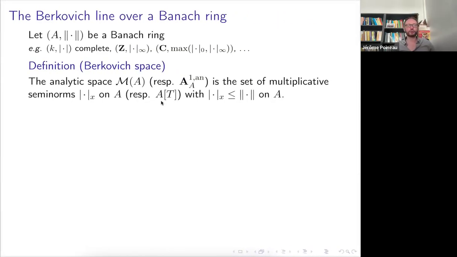But for the moment, I just want to show you the definition of the Berkovich space over a Banach ring, and it looks exactly the same as before. Here I wrote two definitions: the spectrum M(A), the Berkovich spectrum, or the space of dimension 0, and the affine line over A. Both are sets of multiplicative seminorms: on A for the spectrum, on A[T] for the affine line, and you want your point, the associated seminorm, to be bounded by the given norm on the ring.